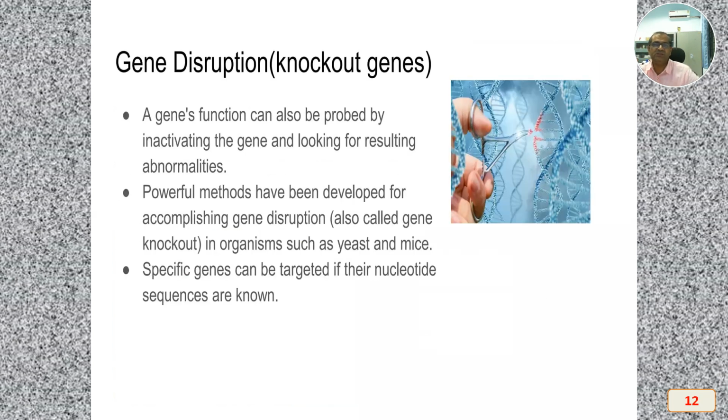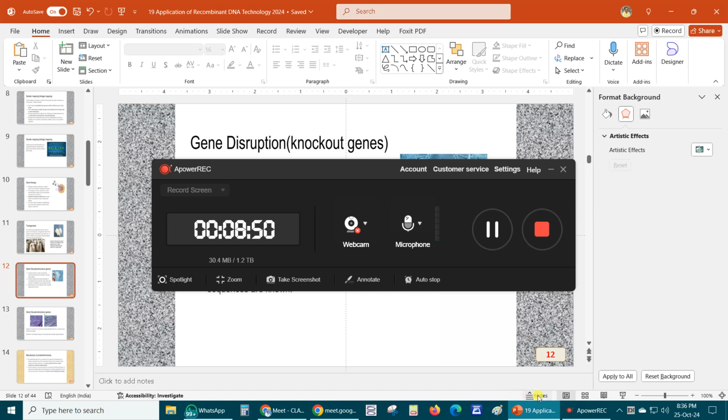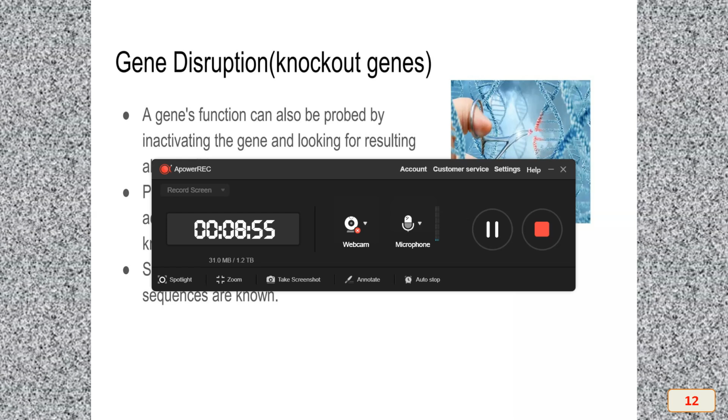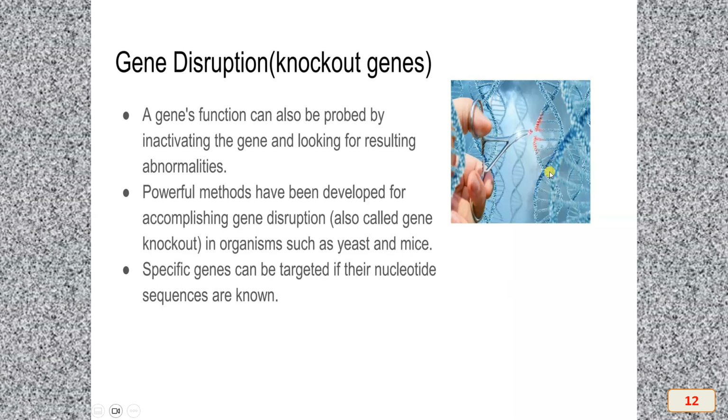Another thing is gene disruption or knockout genes. Knockout genes means a gene's function can be proved by inactivating the gene and then looking for the effects.